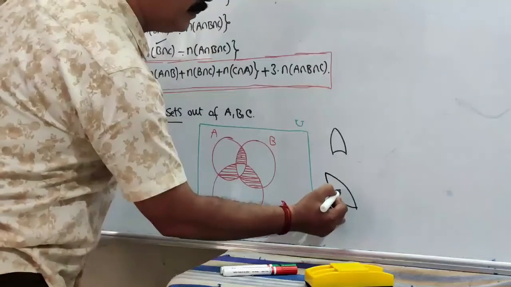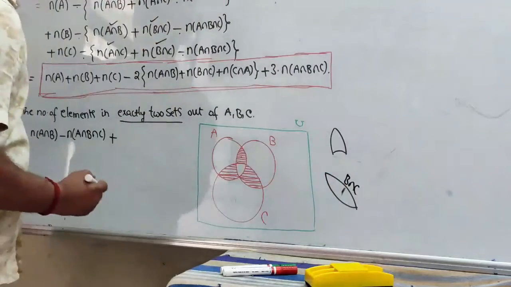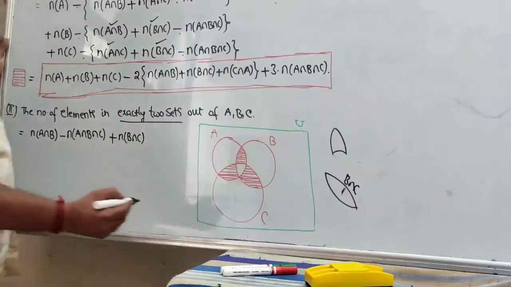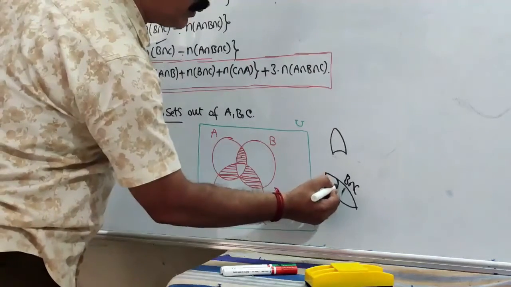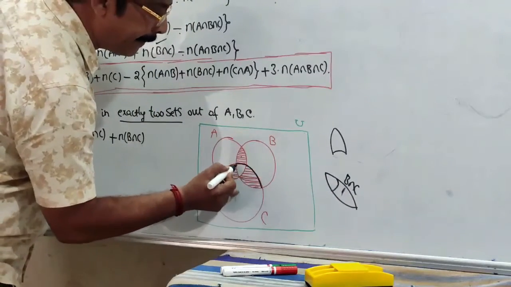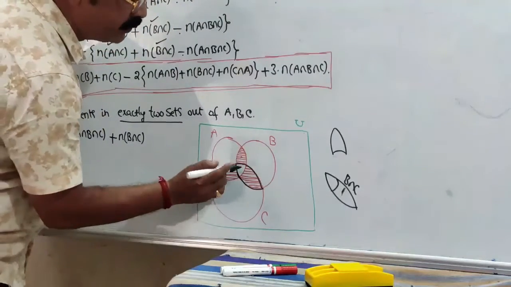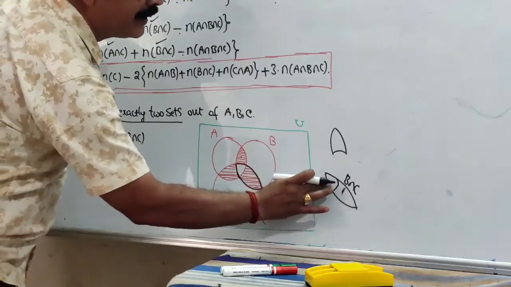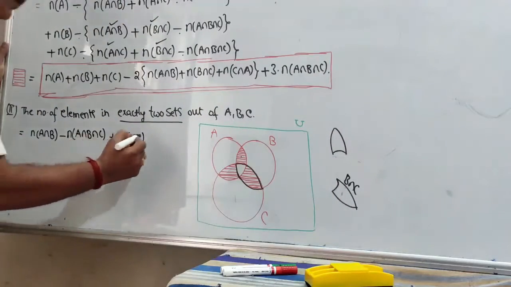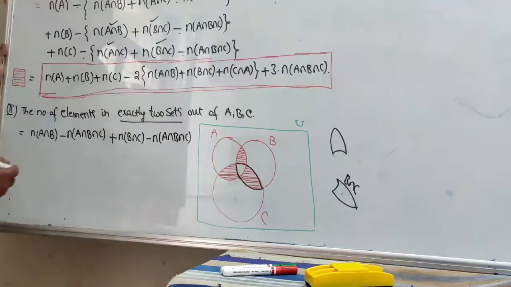This is B intersection C. But we don't want this area, so we are deleting it. Understand? So it is only B intersection C. So minus n of A intersection B intersection C.